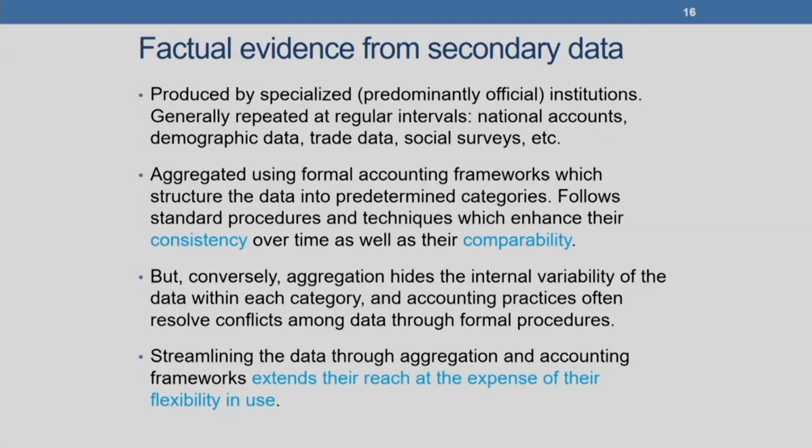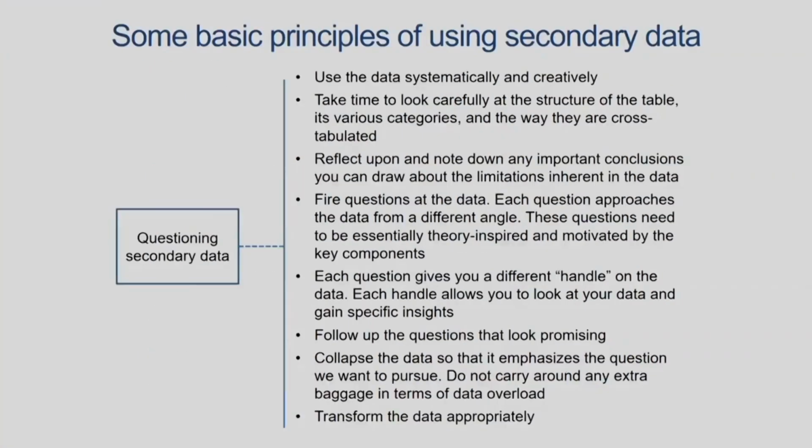You know the cases on a one-on-one basis, may or may not, but largely you know the cases on a one-on-one basis. Whereas the survey data that the specialized institutions collect are completely separated from the cases as far as the data is concerned. So, streamlining data through aggregation and accounting frameworks extends their reach at the expense of their flexibility in use.